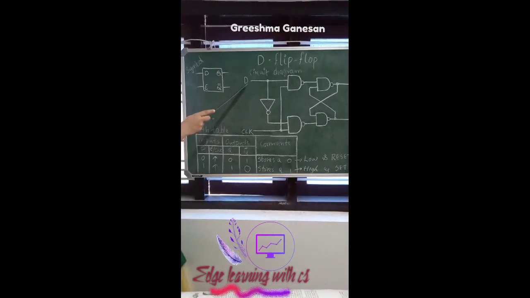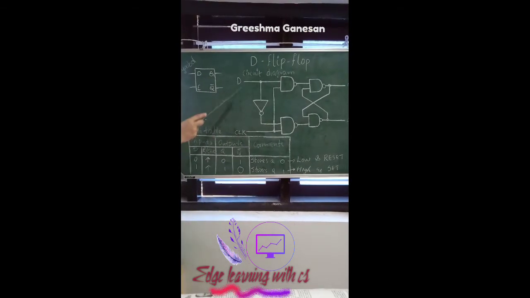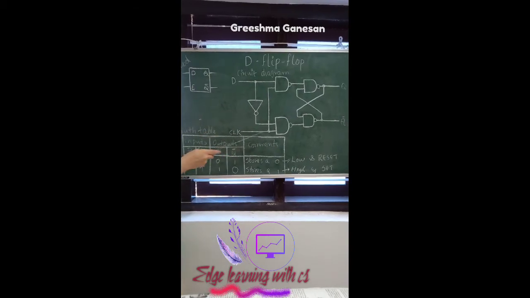So we are passing the D here, data. It is going to a NAND gate and also to a NOT gate. And this NAND is taking another input. What is that? Clock. This clock is moving to this NAND, and the D NOT is moving to this NAND and also the clock. So this is the first level of this circuit.